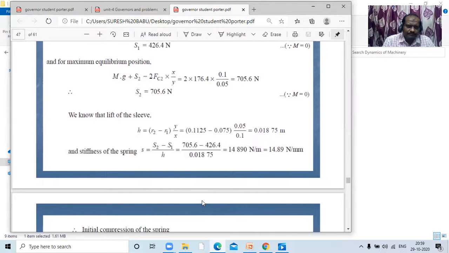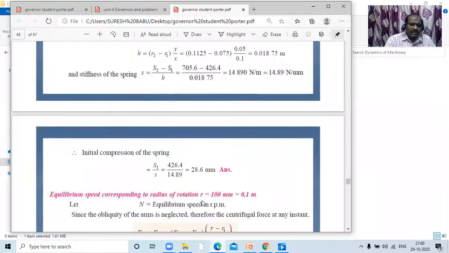Then stiffness of the spring, S is equal to S2 minus S1 by H. That is 705.6 minus 426.4 by H we have already calculated, 0.01875. So if you convert that into mm, that is 14.89 Newton per mm.